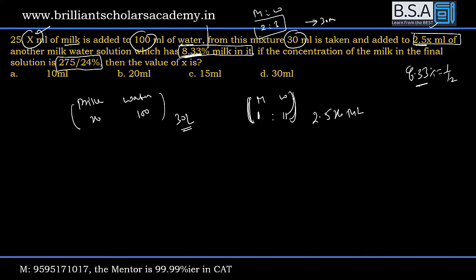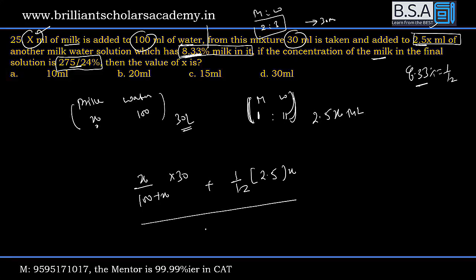Now the concentration has become this much. Concentration of milk. So let us start finding the concentration of milk. How much is milk here? X out of 100 plus X into 30. This is the amount of milk. What is the amount of milk here? Amount of milk here is 1/12 into 2.5x. How many total milliliters do we have?